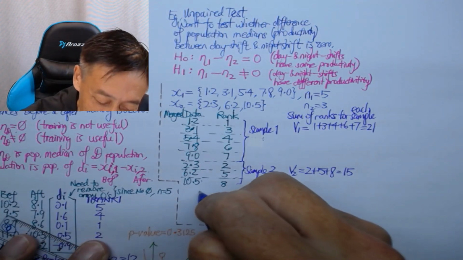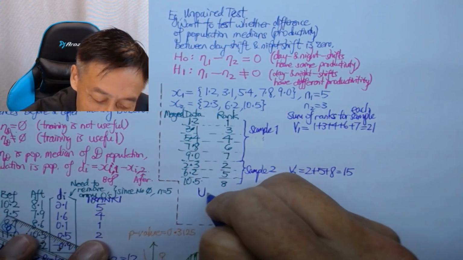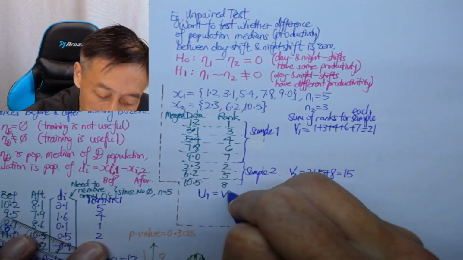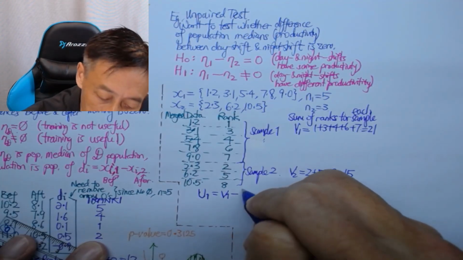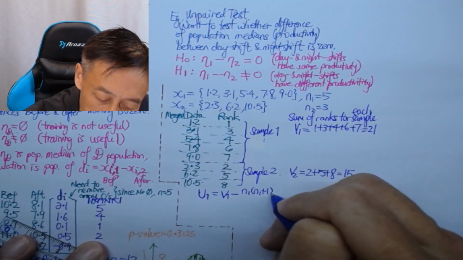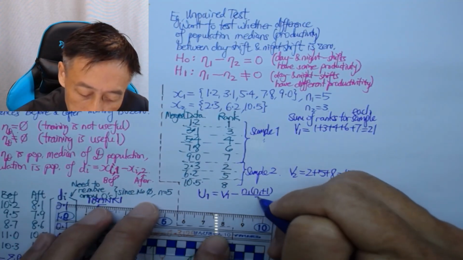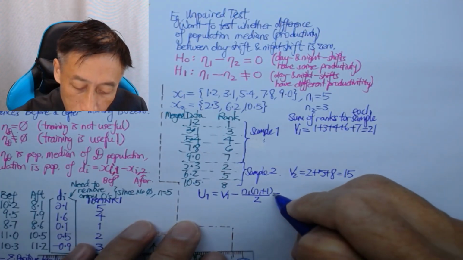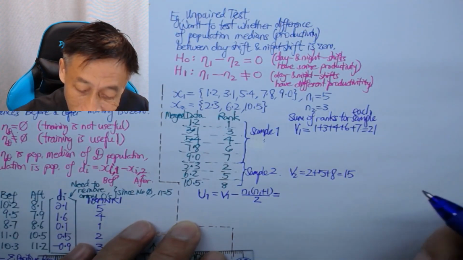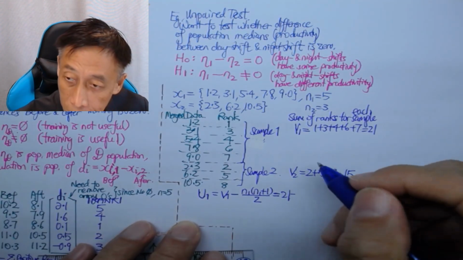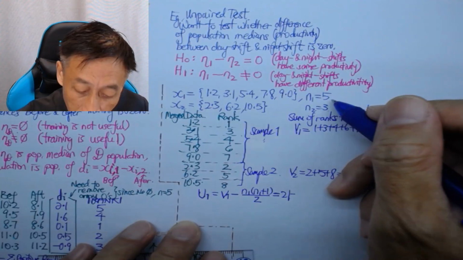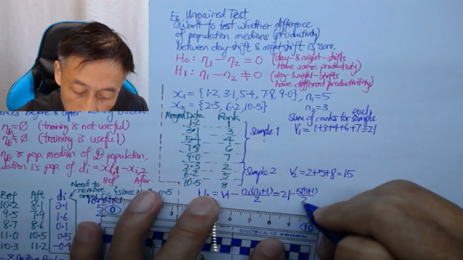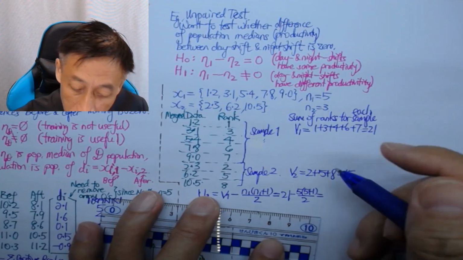Now we finally see the U test statistic, but we still have 2 sub-U's. U1 is V1 minus N1 times N1 plus 1 over 2. This is the formula for the Mann-Whitney test statistic. So we get 21 minus, N1 is 5, so 5 times 5 plus 1 over 2, and if you calculate this, you should get 6.